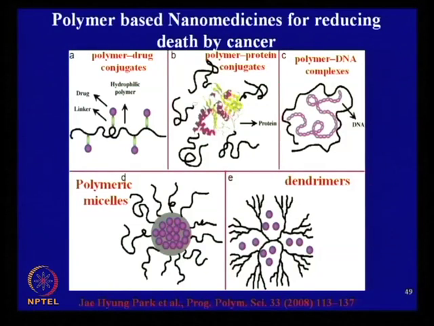Actually, this shows some polymer drug conjugates. This is the polymer molecule, which is a hydrophilic polymer. These are the drug molecules. The drug molecules are conjugated to the polymer, attached or linked through some linker.